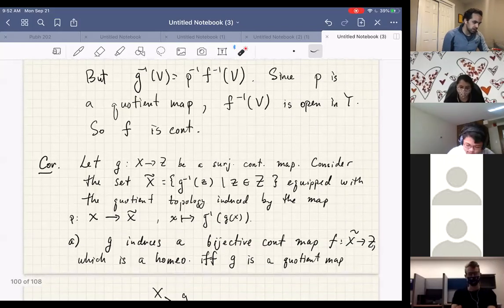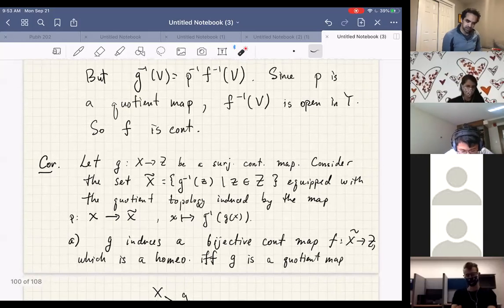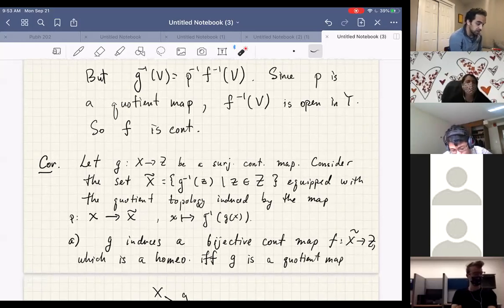So a corollary of this statement is the following. Suppose G is a surjective continuous map from X to Y. And now we consider the set X tilde consisting of these subsets, the inverse images of Z, where Z runs through all points of big Z. Okay?